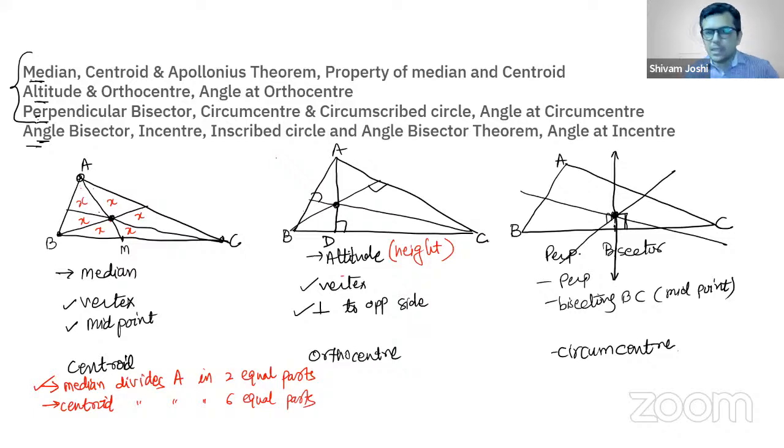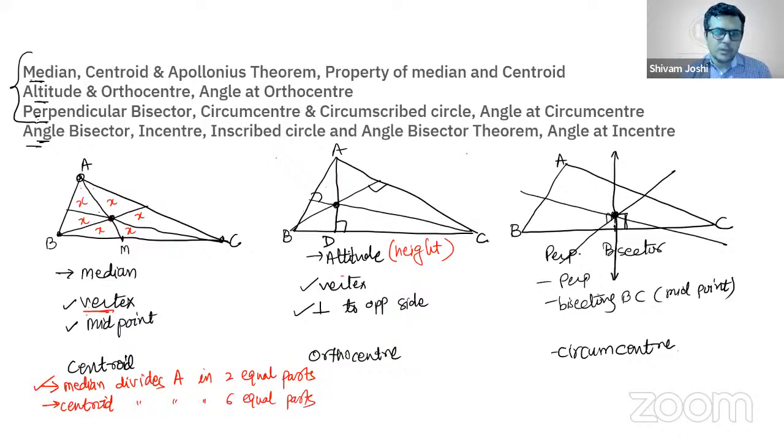It does not divide the angle equally. Yes, it is already written over here. So if you refer to the notes on your slide, okay, median will pass through the vertex, definitely correct. Yeah. So coming back, median divides the area of the triangle into two equal parts and centroid divides the area of the triangle into 6 equal parts.